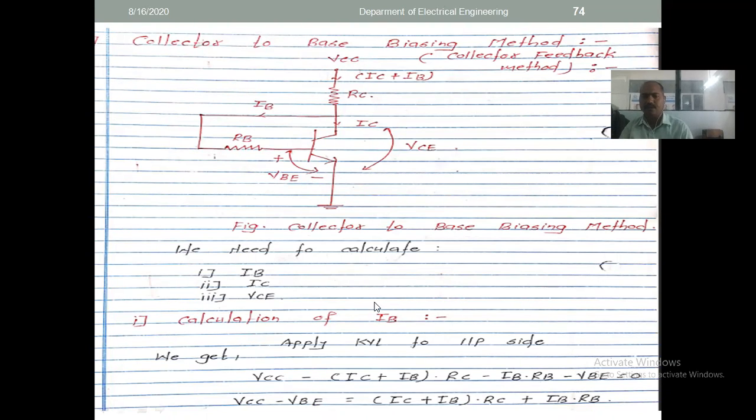But in MCQ they can ask about any middle step of the particular configuration. Okay, now see, this is the collector to base biasing method.